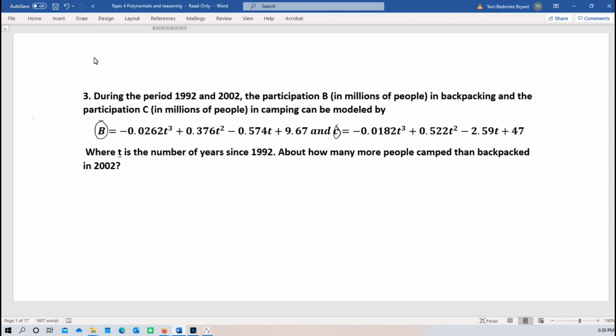Well, that means I'm subtracting backpack from camping, right? In order to find out how many more people camped. So I'm actually going to be subtracting the two equations, okay? So let me write that out.